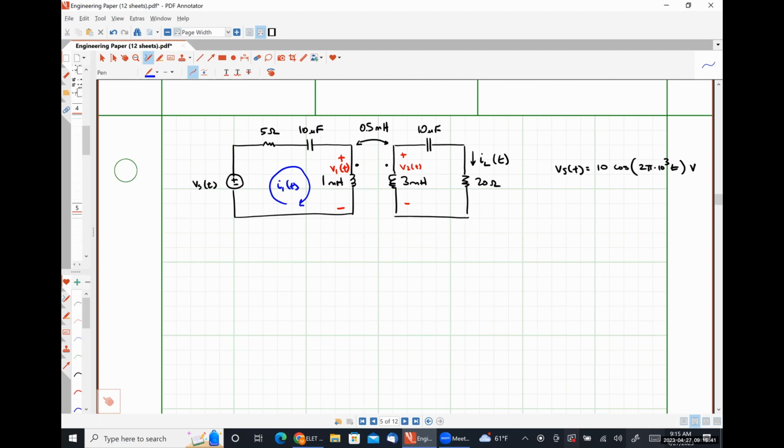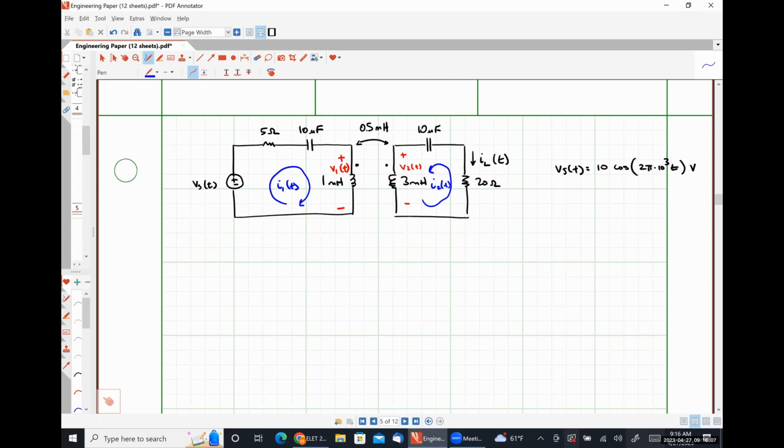IL is given, but we can choose I2 to be whatever we want. Do you want it clockwise or counterclockwise? Do you want it to be in the same direction as IL or the opposite direction? It literally doesn't matter. You're just making a choice. So you said opposite, so let's do opposite. Okay.